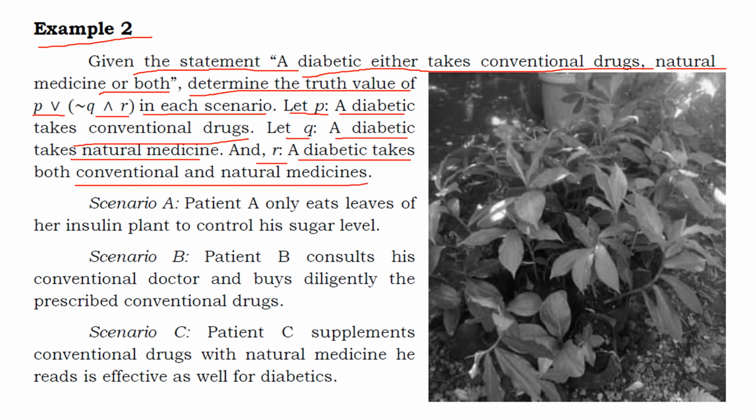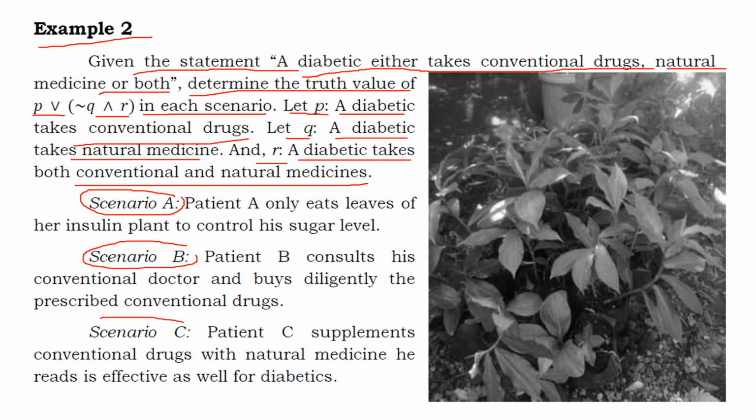So for scenario A, patient A only eats leaves of the insulin plant to control his sugar level. For scenario B, patient B consults his conventional doctor and buys diligently the prescribed conventional drugs.